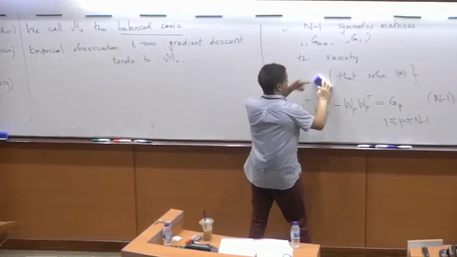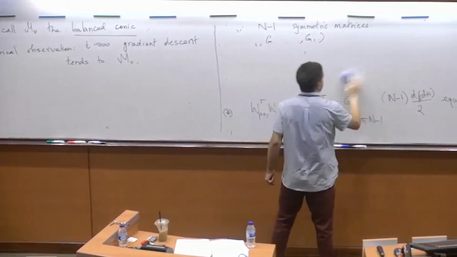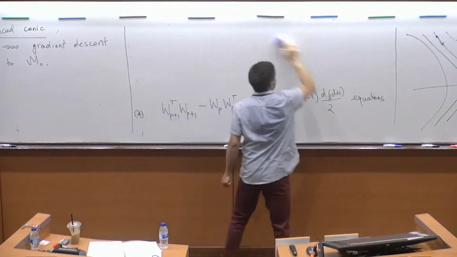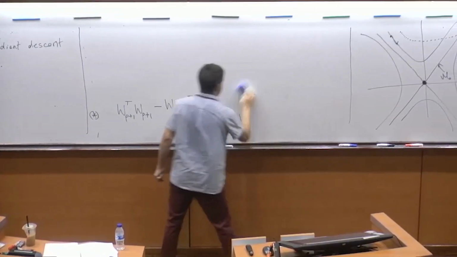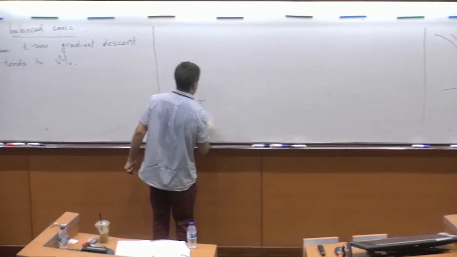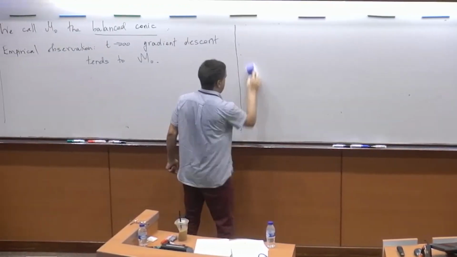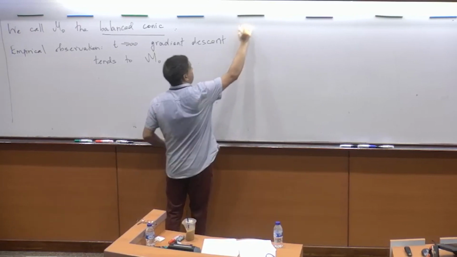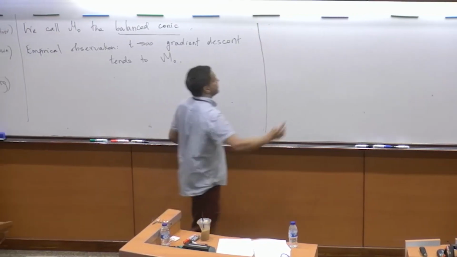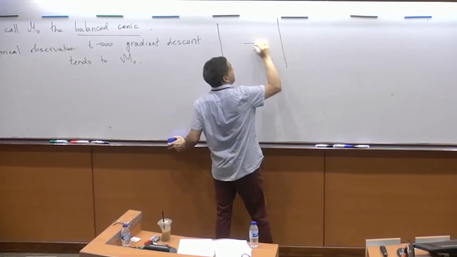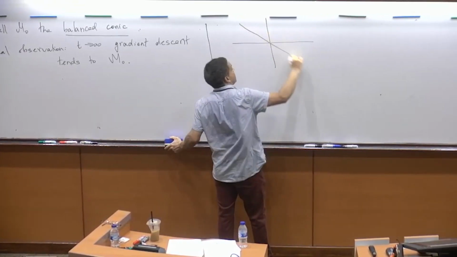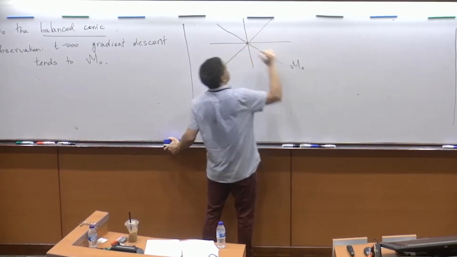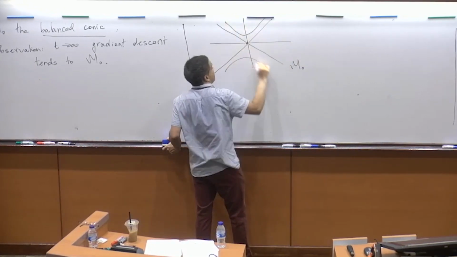Now I'm going to improve that picture, or change that picture to a second picture. I'm going to draw 2 pictures, an upstairs and a downstairs. Then I'll give you a definition and then I'll state the theorem. So I've got M0, one of the other manifolds.